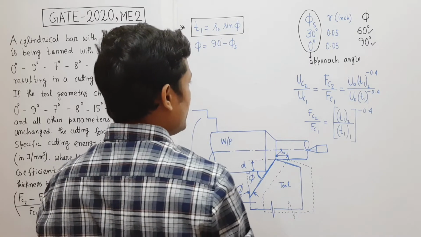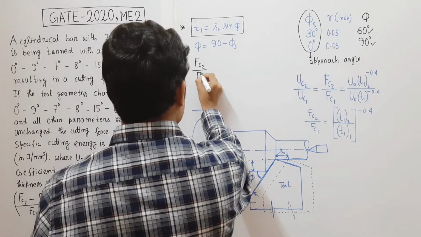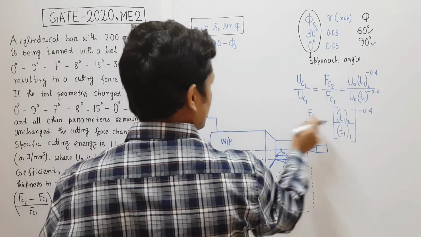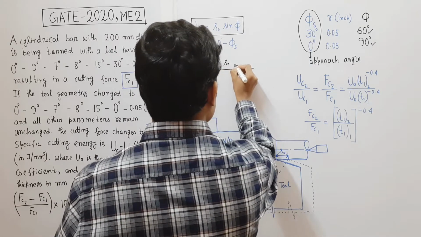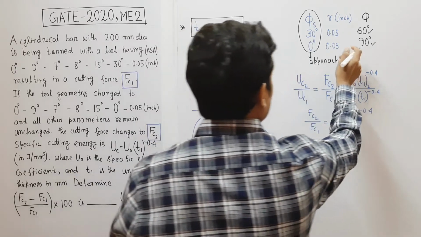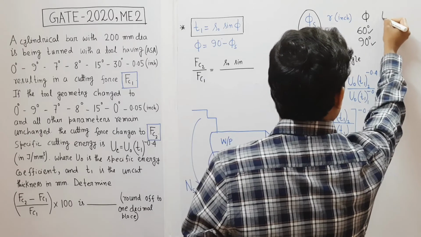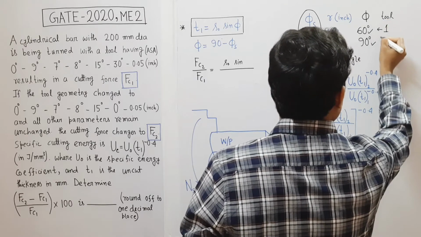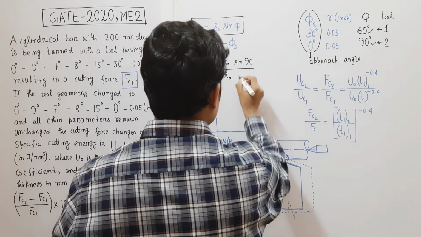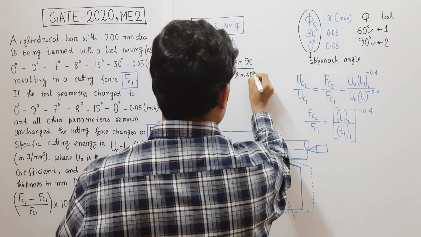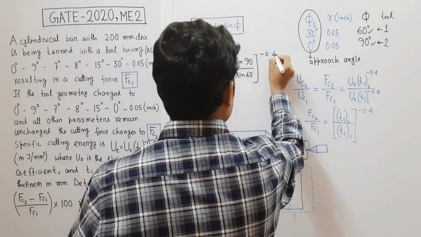So FC2 by FC1 becomes what? FC2 by FC1 is T1 2 by T1 1, that is S0 sin phi for tool 2 over S0 sin phi for tool 1. For tool 2 phi is 90 degrees and for tool 1 it is S0 sin 60 degrees, to the power minus 0.4.